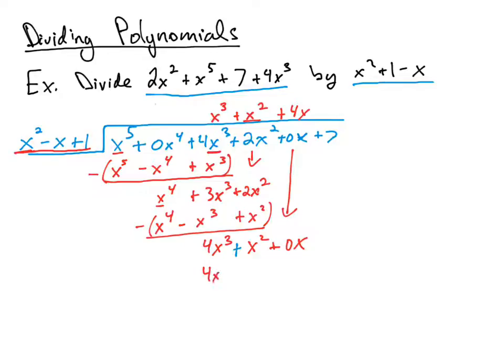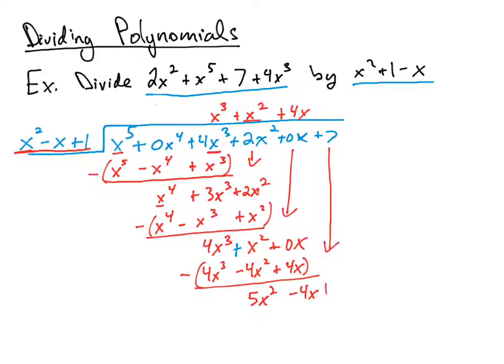We'll get 4x cubed minus 4x squared plus 4x, and then subtract. The reason I'm writing this in parentheses is so I know that the negative sign is going to each term when we subtract. So 0x minus 4x is negative 4x. x squared minus negative 4x squared will be positive 5x squared, and then 4x cubed minus 4x cubed is 0.